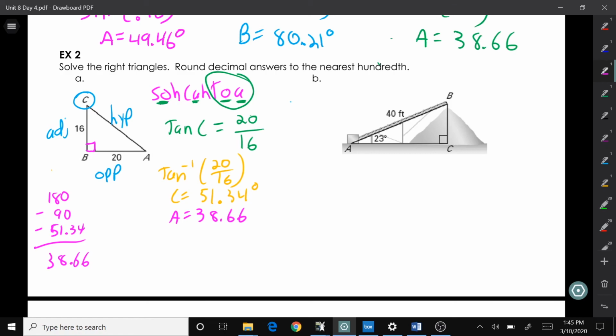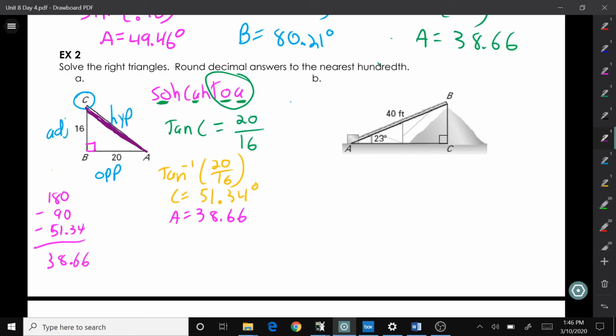Now to figure out the hypotenuse, you could use SohCahToa, or since we have two side lengths, you could use Pythagorean theorem. It doesn't matter which one you want to do. However, if you're going to use SohCahToa, you have to make sure that you use a trig function where the hypotenuse is used. That means you're going to use either sine or cosine.